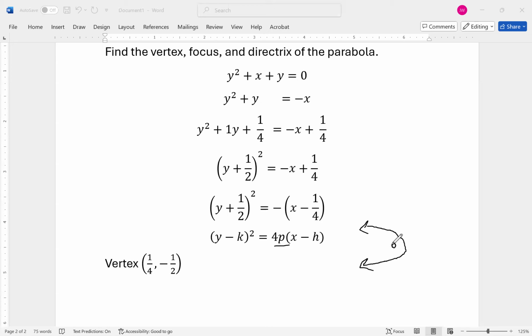So the focus is going to be somewhere in here. So I simply need to take the vertex and move it p units to the left. The directrix is going to be a vertical line over here. So I take my vertex, which I already know, and I move that to a vertical line p units to the right.